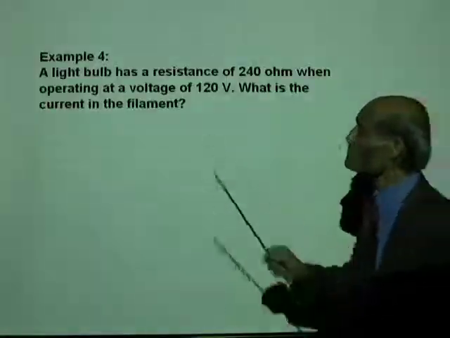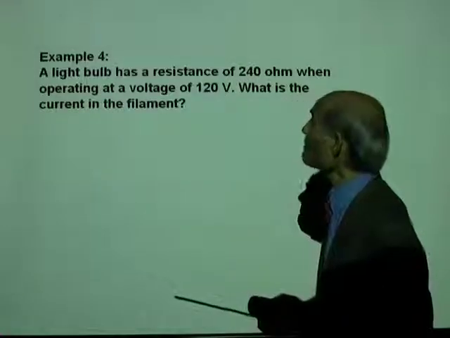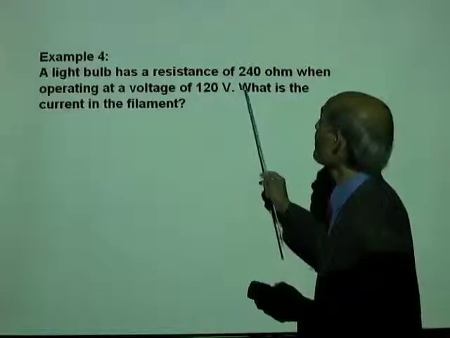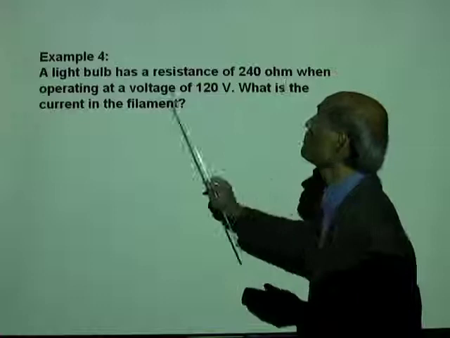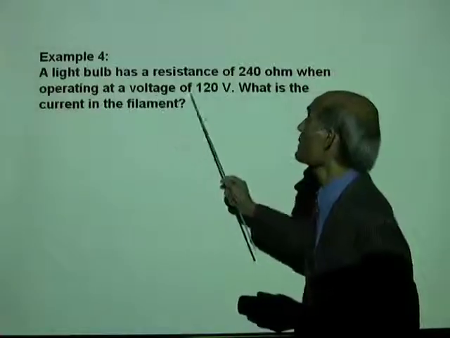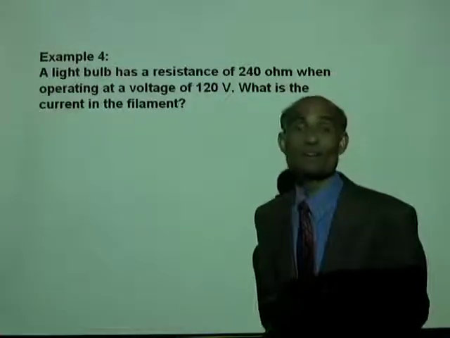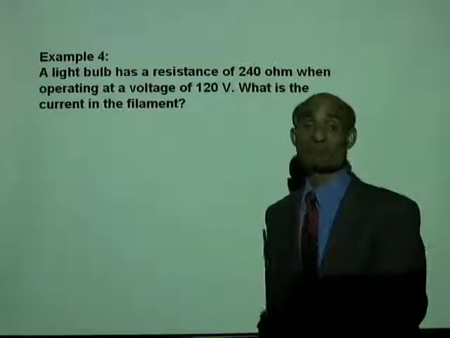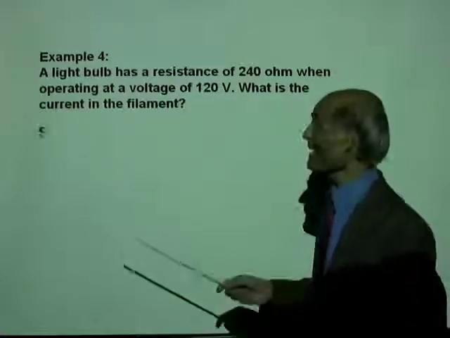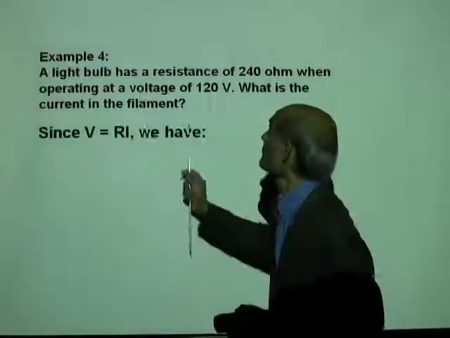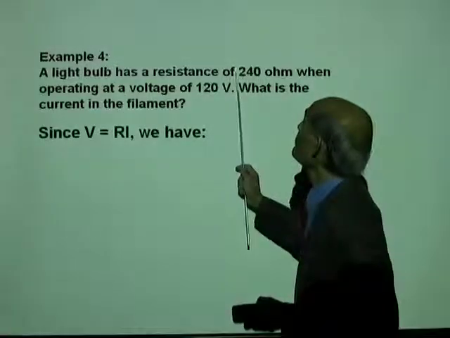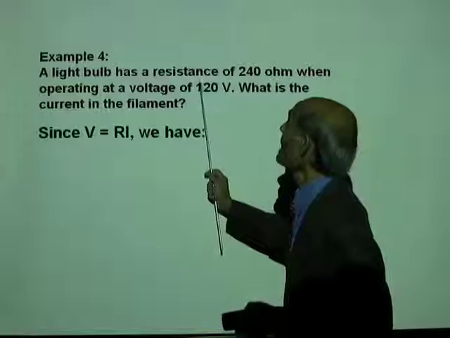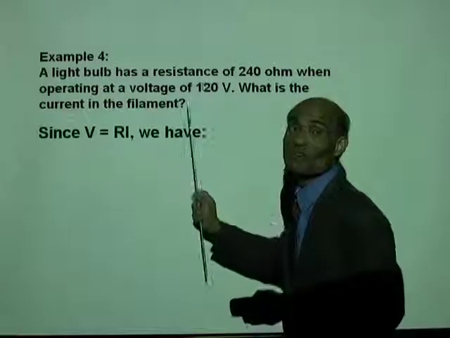Alright, let's do a small problem. A light bulb has a resistance of 240 ohm when operating at a voltage of 120 volt. What is the current in the filament? Well, you have the value of the resistance, you have the value of the potential difference.